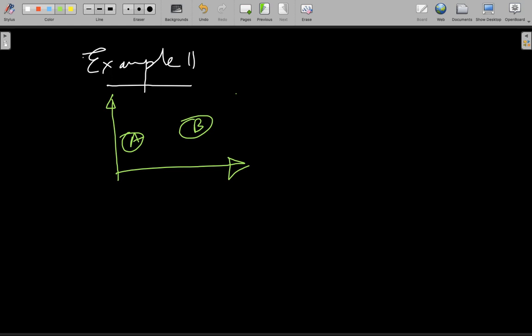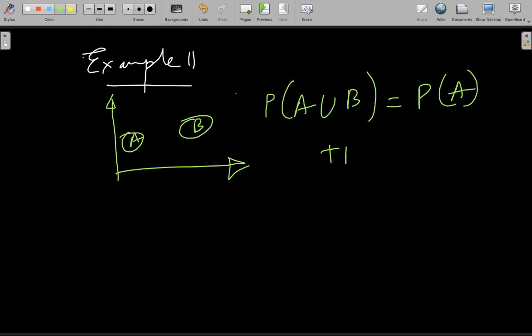When A and B are disjoint, the probability of A union B is equal to the probability of A plus the probability of B minus the probability of A intersection B. For mutually exclusive events, this is simply 0.